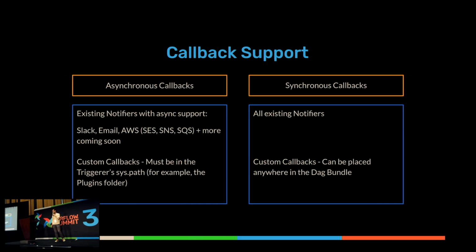As for callback support, async callbacks support existing notifiers that have async support added. Currently, that includes Slack, email, and the AWS notifiers, including SES, SNS, and SQS. There's more coming soon. I think there's a PR up for the Jira notifier, so that's going to be coming soon as well.